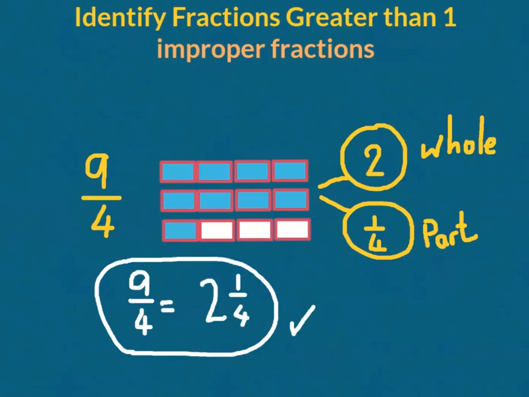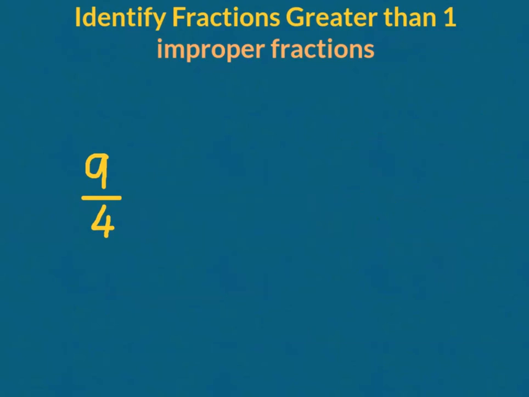We've been looking at how to change an improper fraction into a mixed number. We've used bar models, visual representations to do this. Let's have a little look at how we would do that without drawing bar models. We'll use the same improper fraction, 9 parts of 4. How we do it without a bar model is we divide the numerator by the denominator. How many times does 4 go into 9?